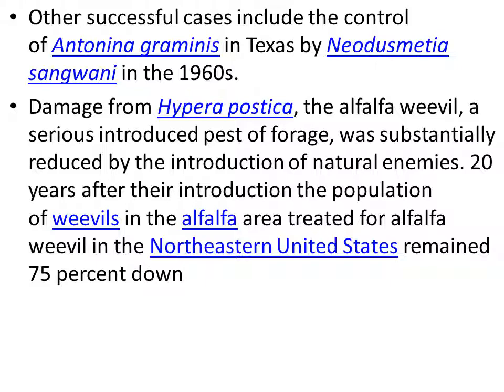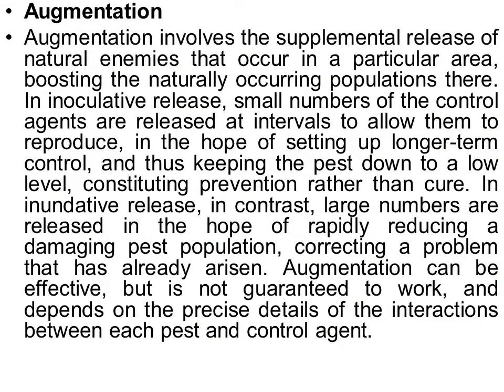Damage from Hypera postica, the alfalfa weevil, a serious introduced pest of forage, was substantially reduced by the introduction of natural enemies. Twenty years after their introduction, the population of weevils in the alfalfa area treated for alfalfa weevil in the northeastern United States remained 75% down. So it was able to control the pest to a very great extent.